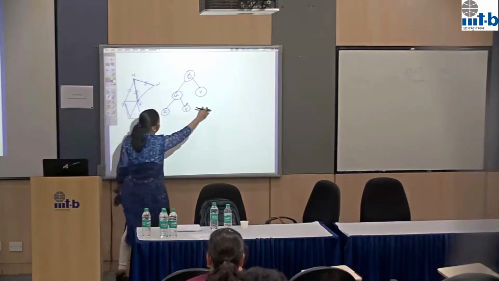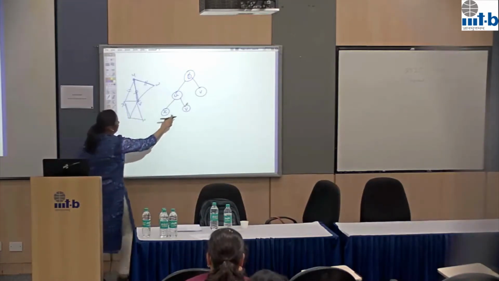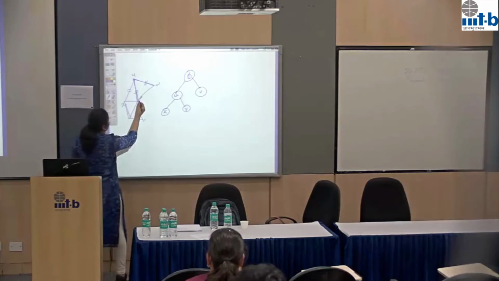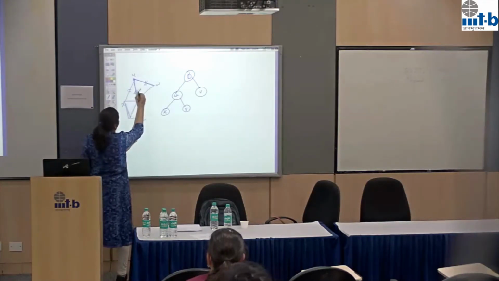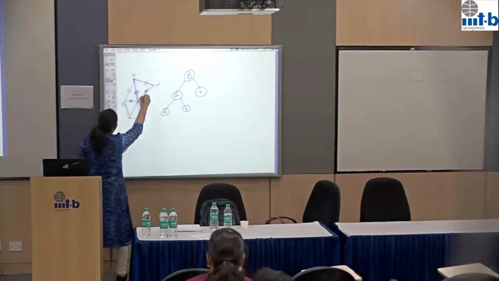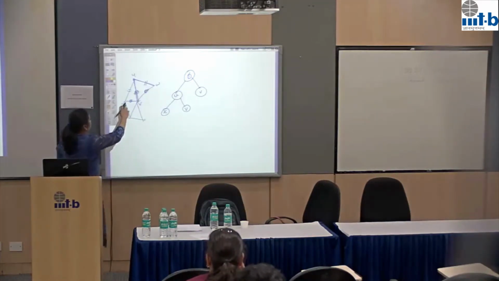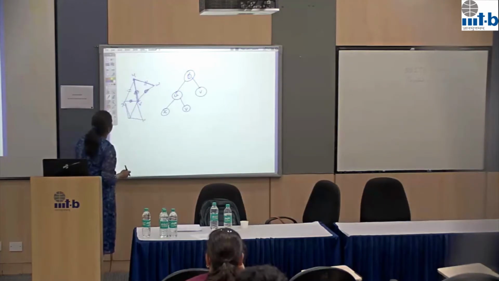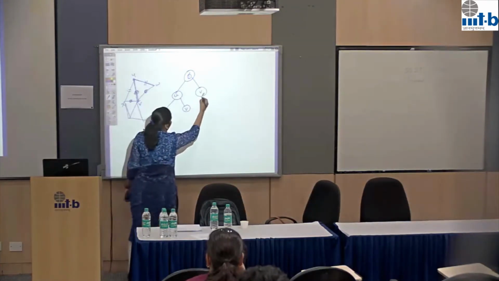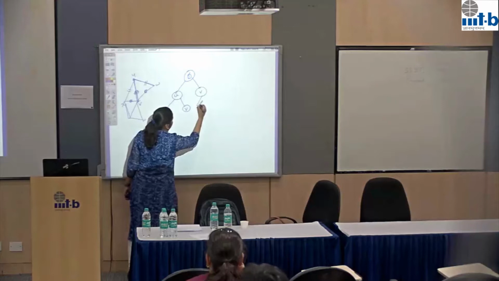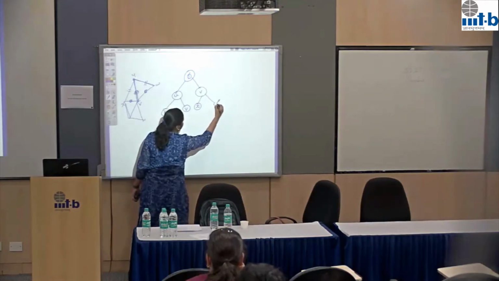What happens on this side? When I take V, again these edges are covered. So I take some edge which is not covered by V. Let's take X and U. Again here I will branch. On this branch X is taken, on this branch U is taken.